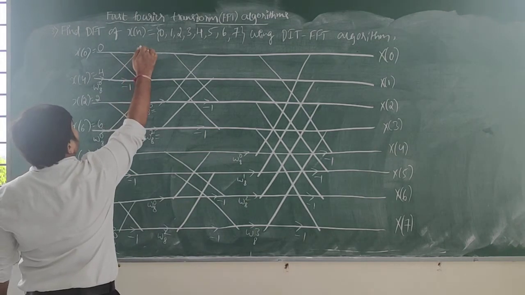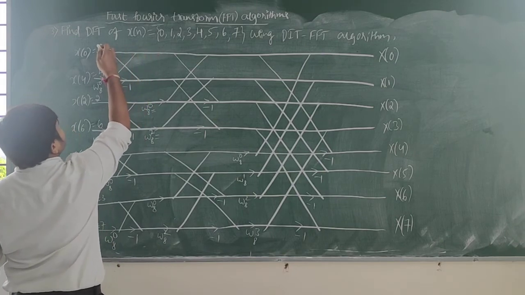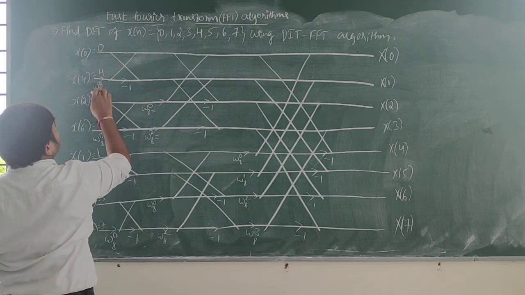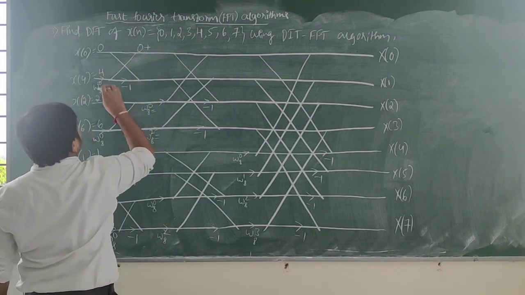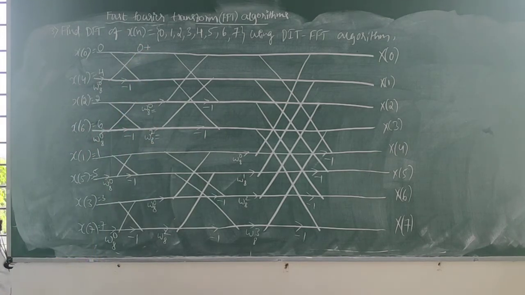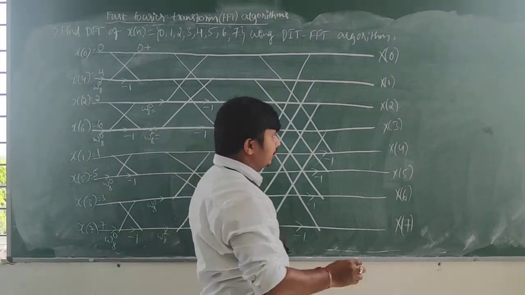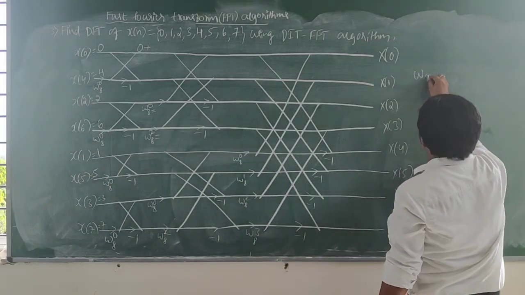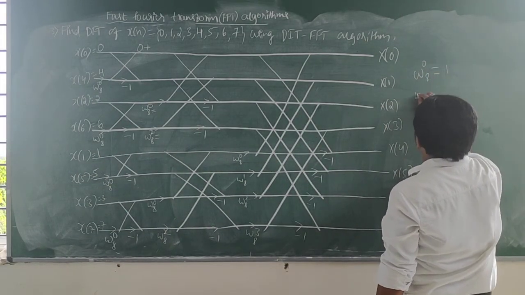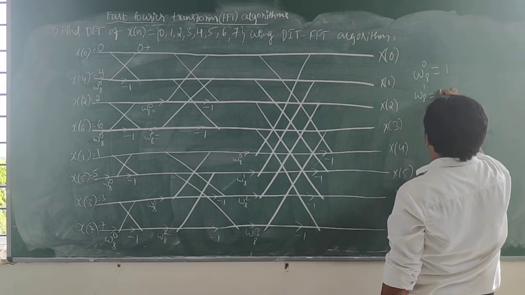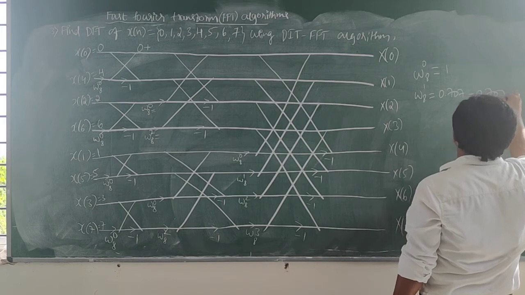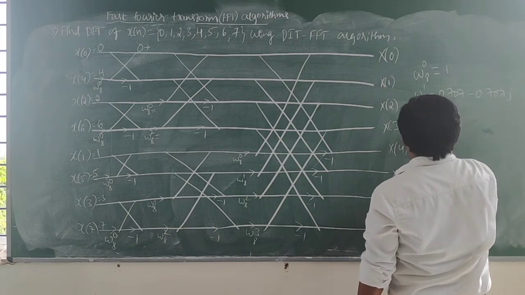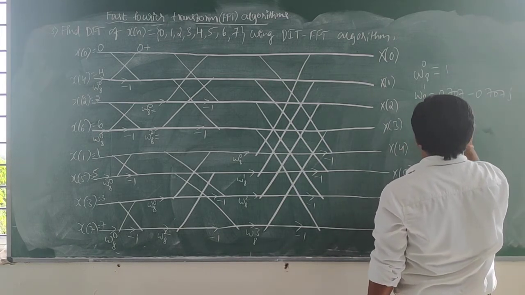So what is the output here? It is a plus W8 power 0 into 4. A value is 0 plus W8 power 0. Okay, so W8 power 0 value is equal to 1. W8 power 1 is equal to 0.707 minus 0.707 j. W8 power 2 value is minus j.